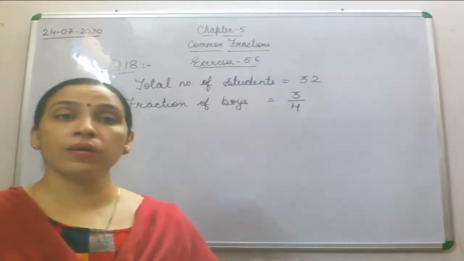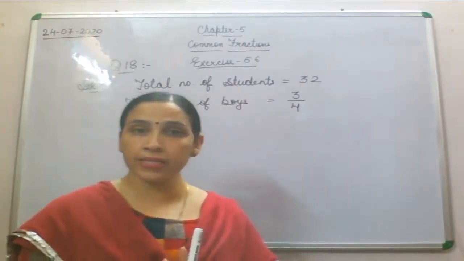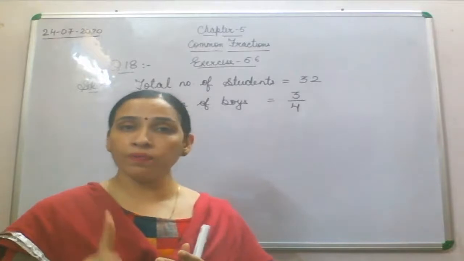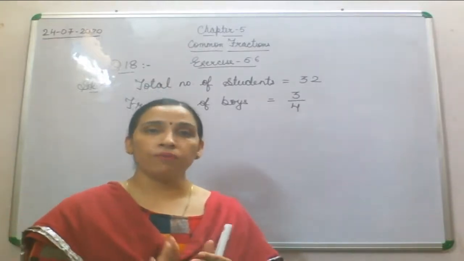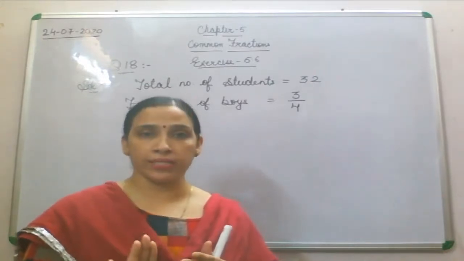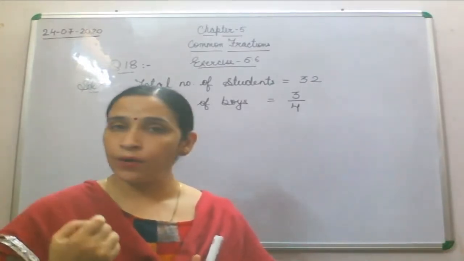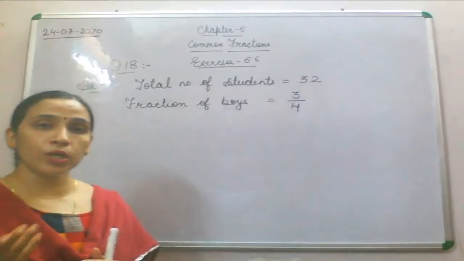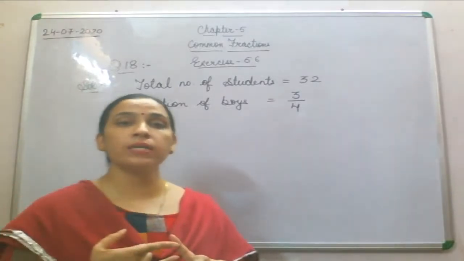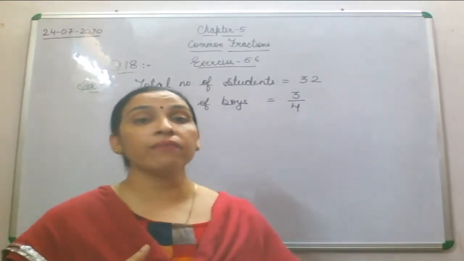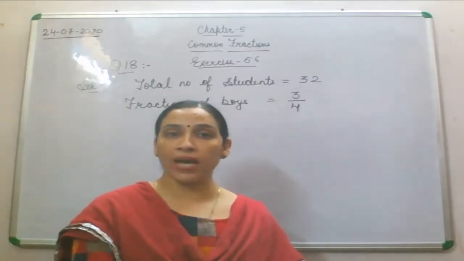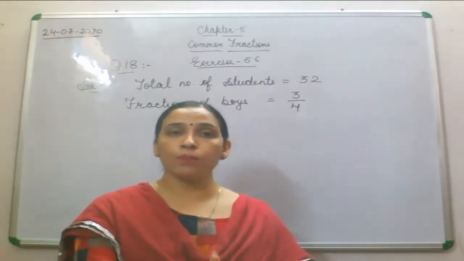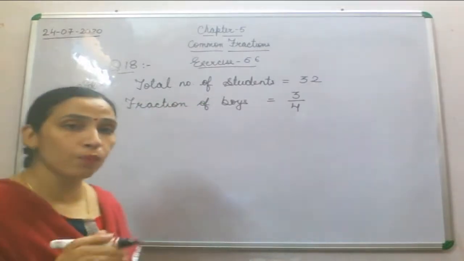Here you have been given the total number of students in the class, and along with that you have been given the fraction of boys in the class, that is 3/4. So children, what you have to do is find out the number of boys, because the fraction of boys has been given to you. So using that fraction of boys, you are supposed to find the number of boys.